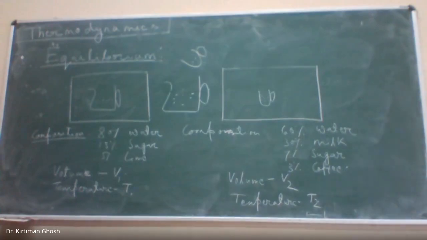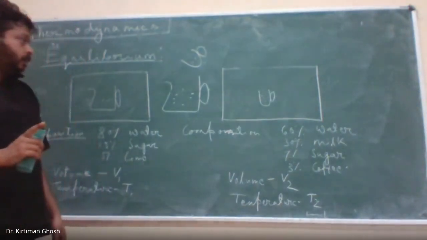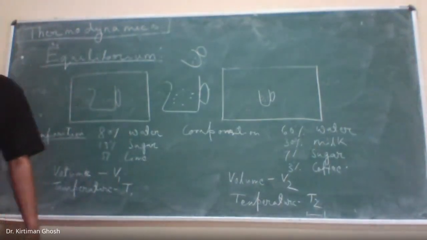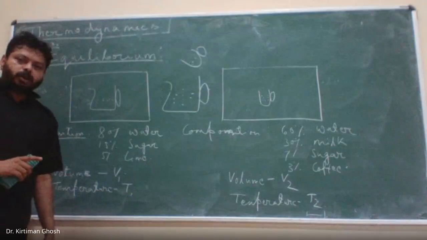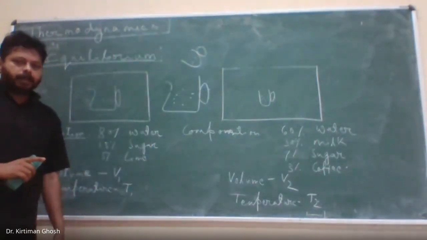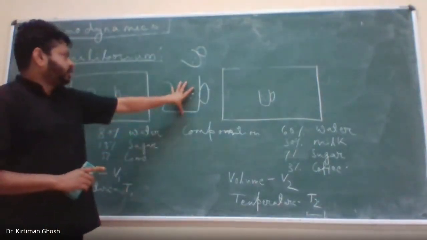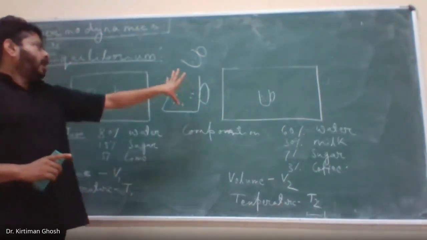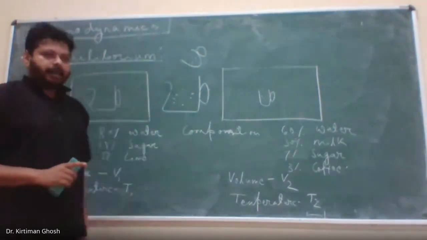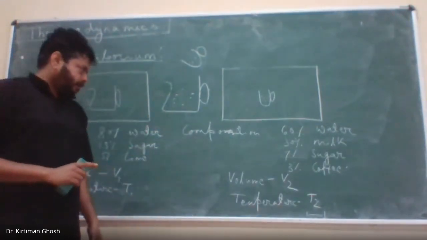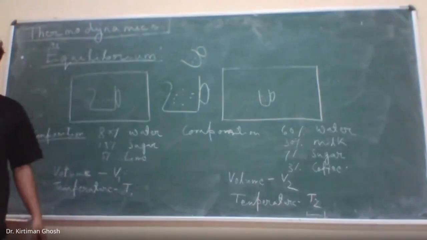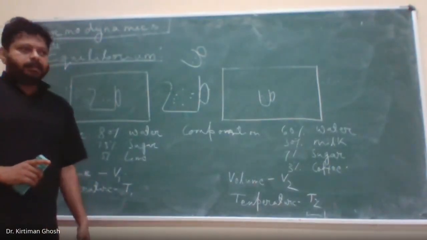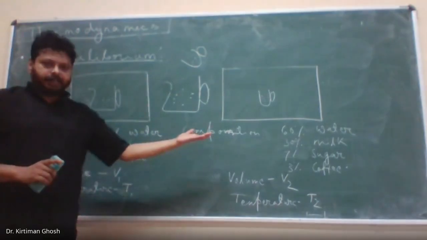So you understand. But it is important to note that whether the system is in equilibrium or in non-equilibrium, we can always have a microscopic description of the system. If I ask the question for this jar, whether it is in equilibrium or not, how many particles are there, what particles are there, and what are their position and momentum at a given instant of time, in principle, the answer for those questions exists.